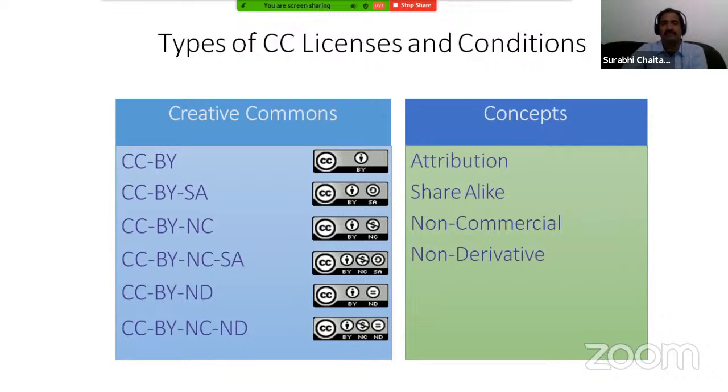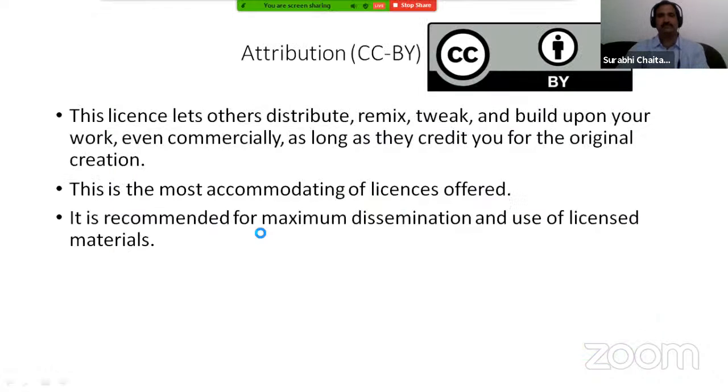These two have some restriction: non-commercial but non-derivative. We can download them and share them, but it should be non-commercial use. And if ND is there, we cannot share them, and we cannot make any changes to them. Therefore, it is better not to use these ND copyrighted versions. Always safer for our webinar are these first 4 licenses.